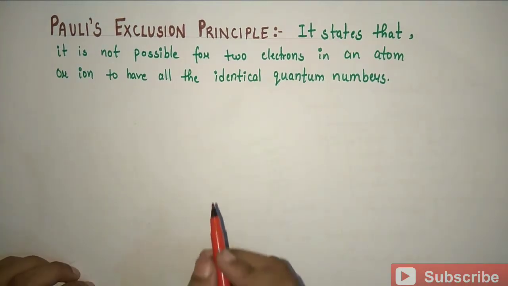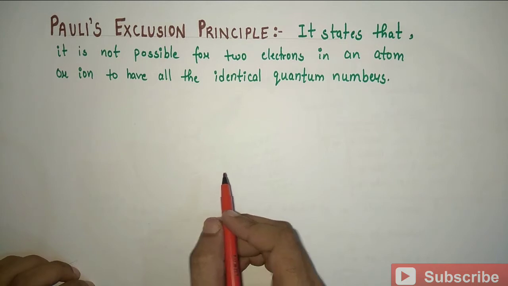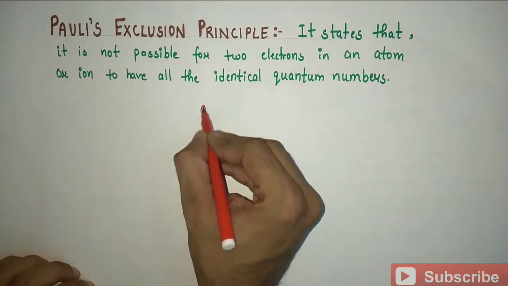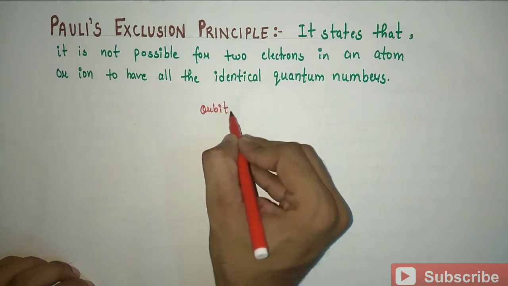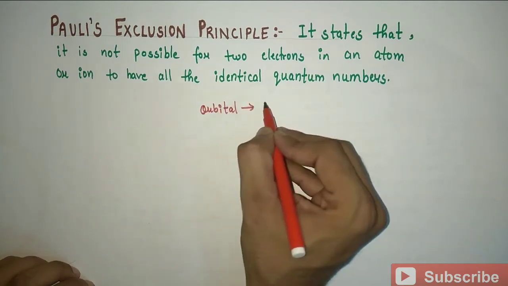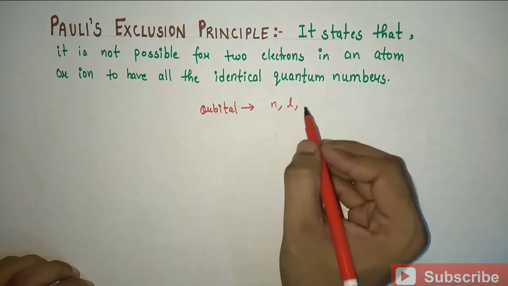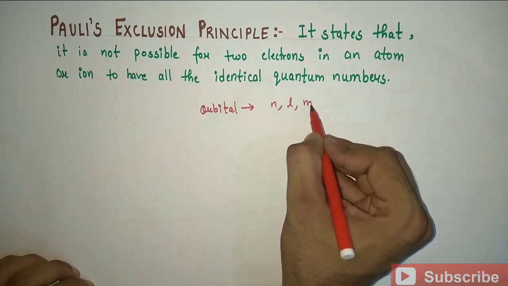Now, this principle can be easily understood. We have learned that to specify an orbital, we require three quantum numbers: the principal quantum number, the azimuthal quantum number, and the magnetic quantum number.